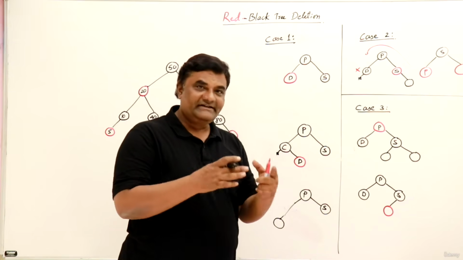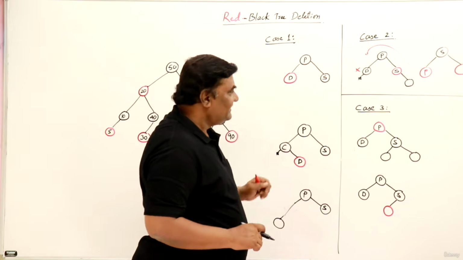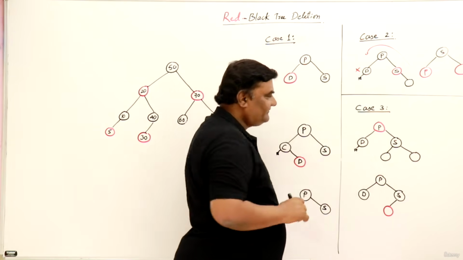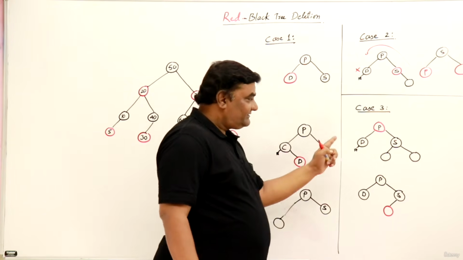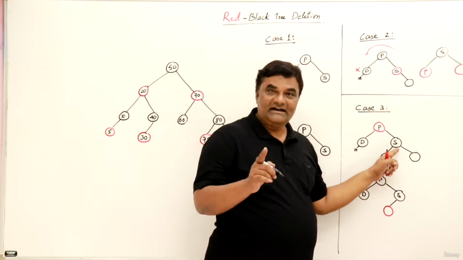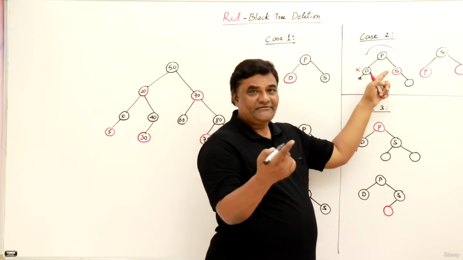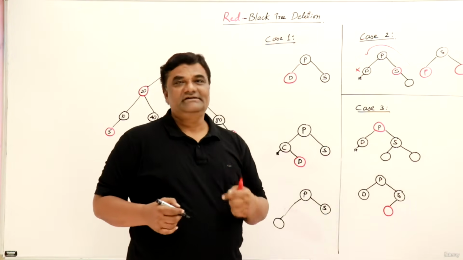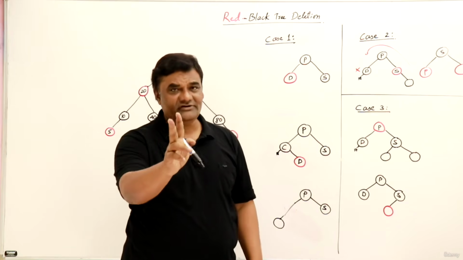Now comes the complex cases, the complex part. See this. The node we are deleting is black, right? And it is having some child, black child. That is null. And its sibling is black. See, if it was red, perform rotation, no problem. If it is black, then we have multiple choices here. What are those? We have two choices.